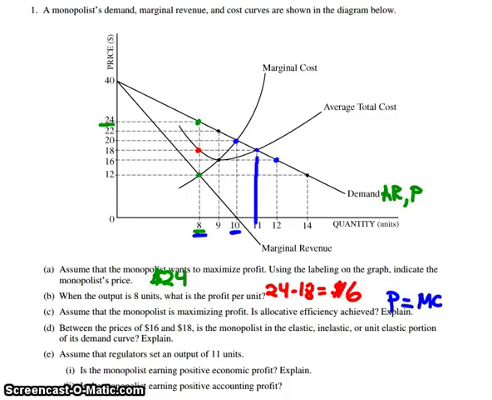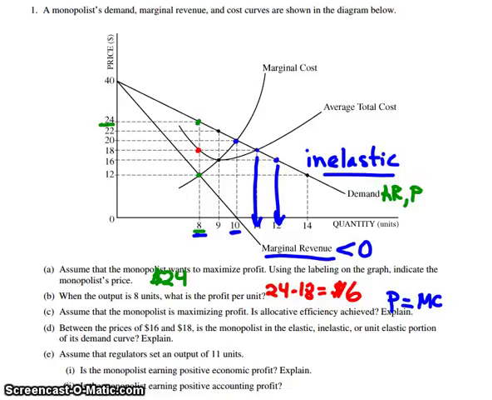Notice if we look down that when you're on the demand curve in that range of $16 to $18, marginal revenue is less than 0. Marginal revenue has become negative. And when marginal revenue is negative, that means that we have inelastic demand. It's the paperclip, right?